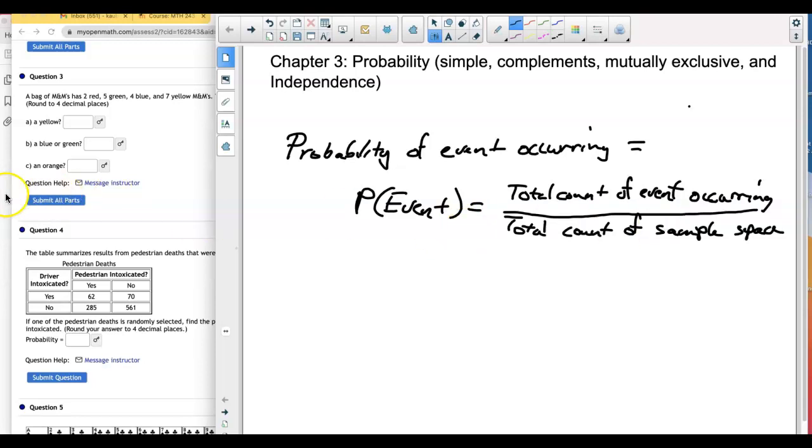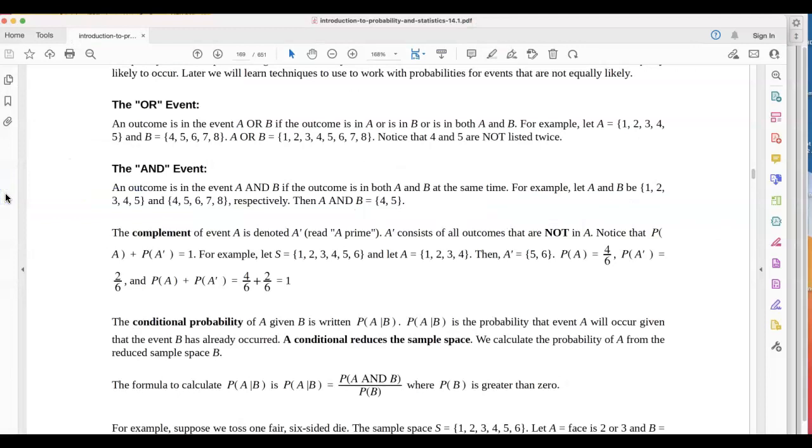If we're going to do combinations of probability, we may see the word or. If we say two events, one or the other occurs, that means you're going to count everything in A and everything in B together, but you're not going to count things twice.